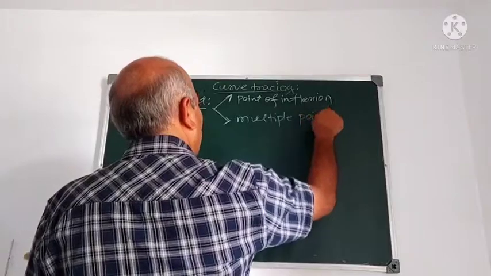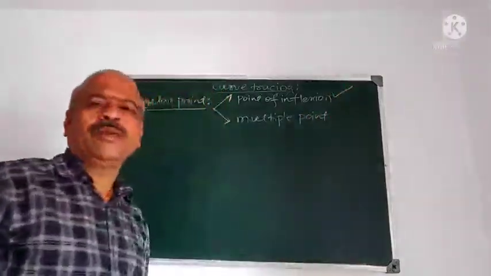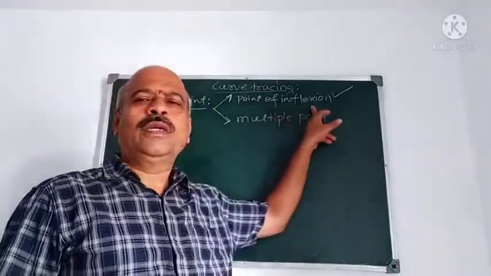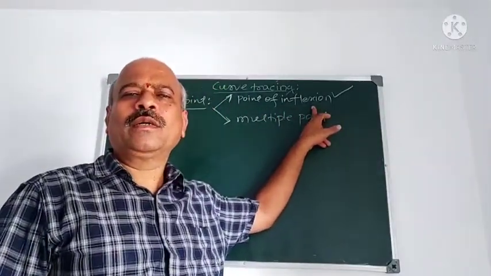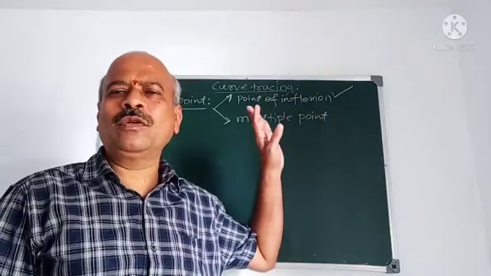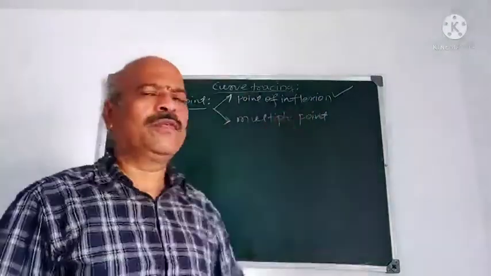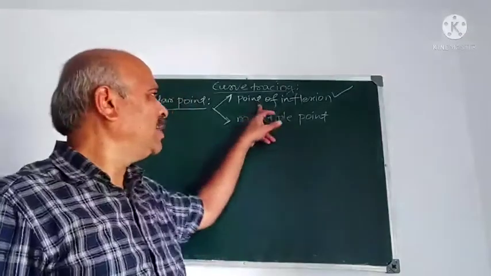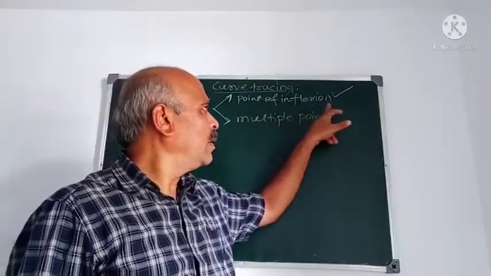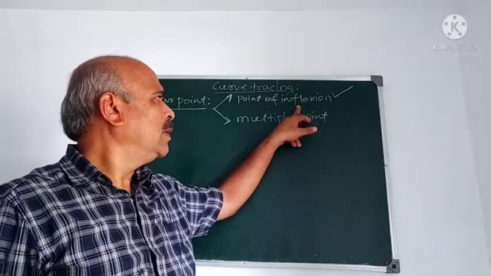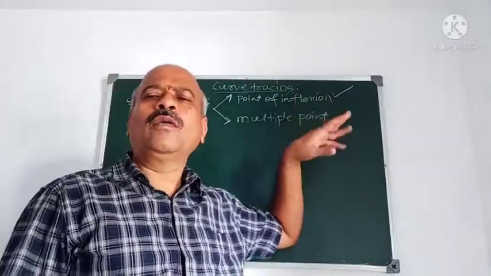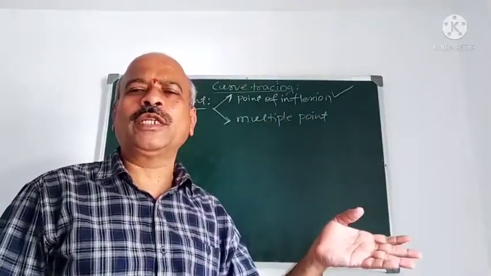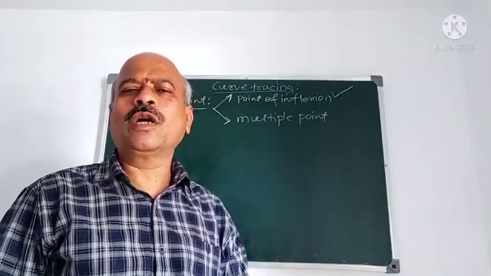Multiple points. This you have studied in detail, point of inflection, even in PUC classes, and also in paper 1, this year or first semester. What is point of inflection? Point of inflection means it is a point where the curve changes its behavior from concavity to convexity or convexity to concavity.